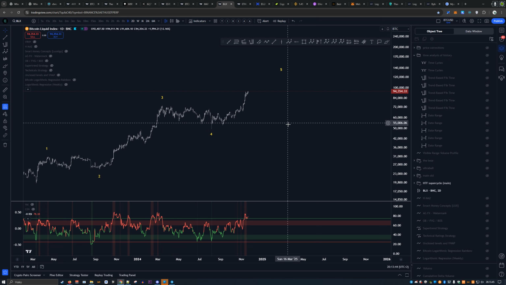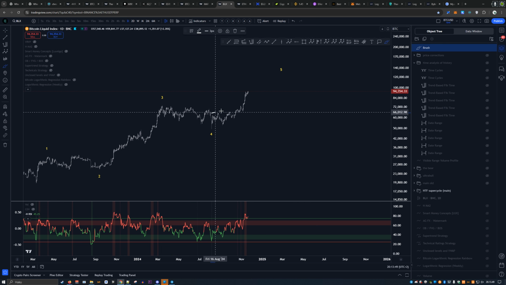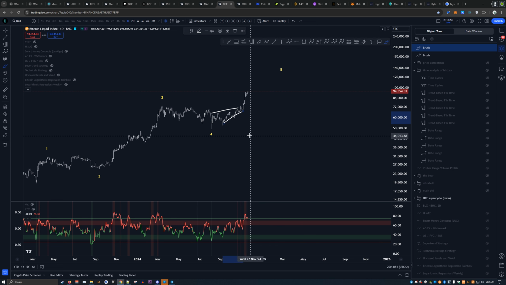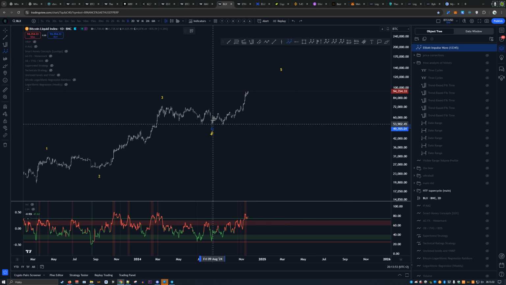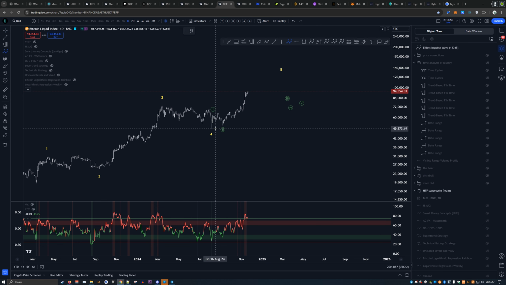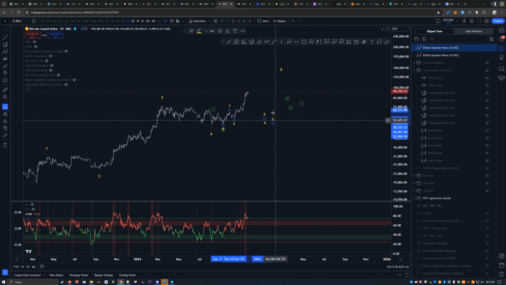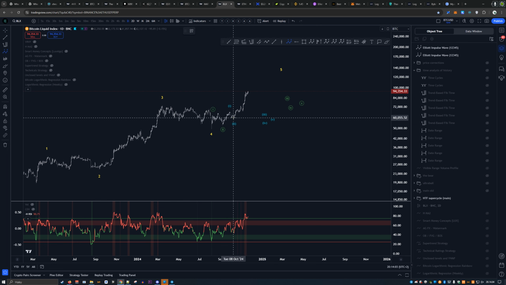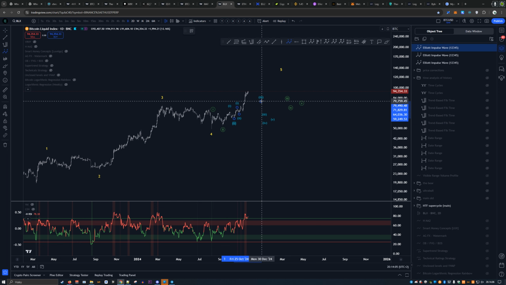So how am I labeling this? Well, there are a couple of different ways of looking at this, and based on ETH, where you cannot draw a diagonal here, you would have a very bullish count where this would be a 1, 2. This would be another 1, 2. Oops, not minute, but minuet. This would be another 1, 2.